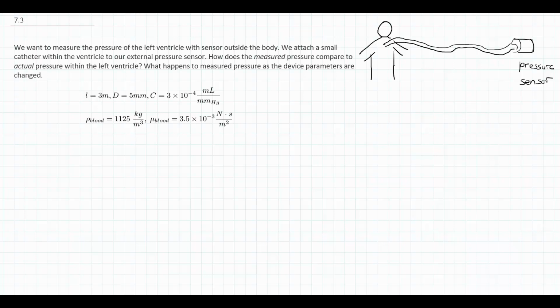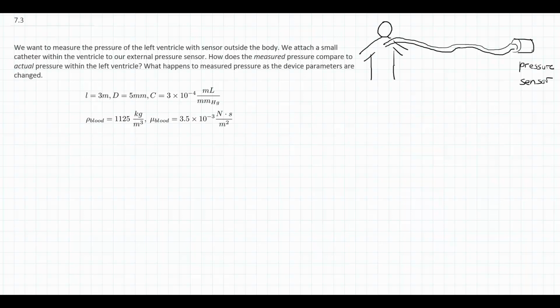But the problem we're going to see with the design of our device is that it needs to be small enough to go into the heart, and it has to be small enough that it's not going to be overly cumbersome or invasive. The small nature of it is going to lead to design problems that we need to overcome.